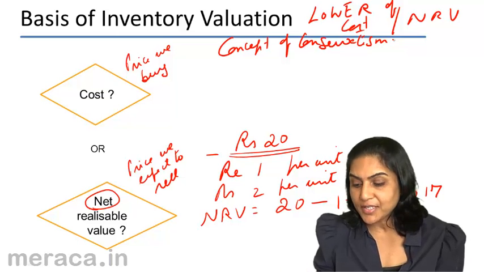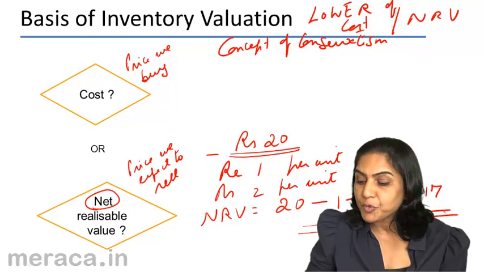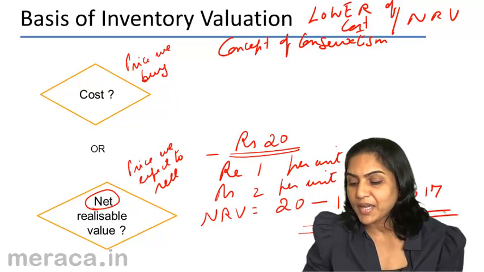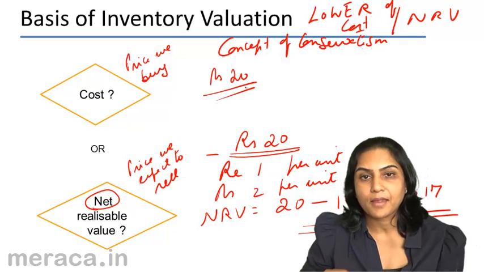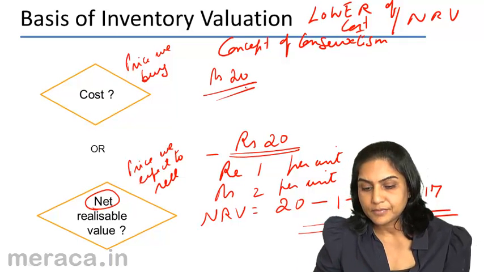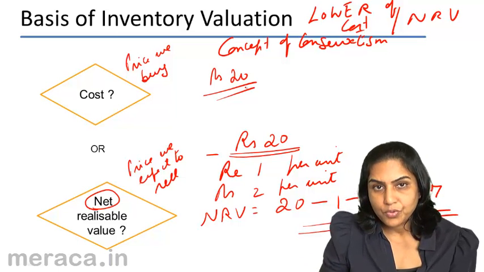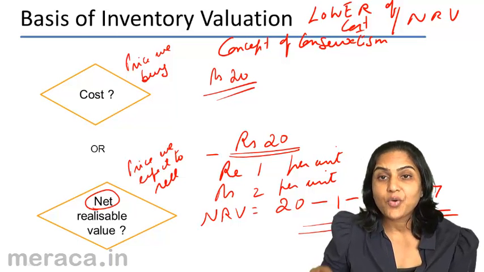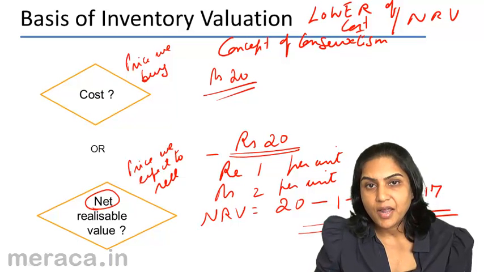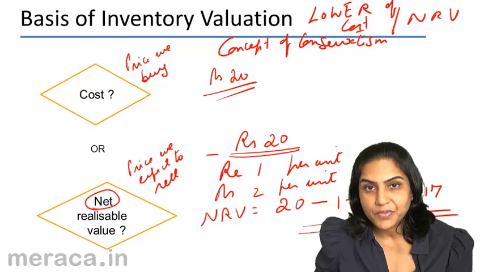In this particular example, where we had got an NRV of rupees 17, suppose the cost of making this product is rupees 20. When we value this commodity at rupees 17, we are valuing closing stock at a lower price and therefore bringing down our profits.